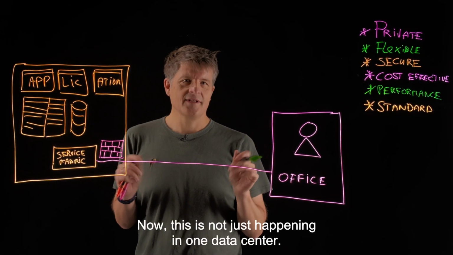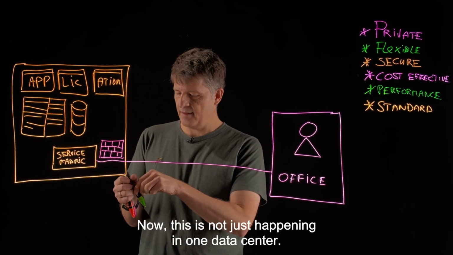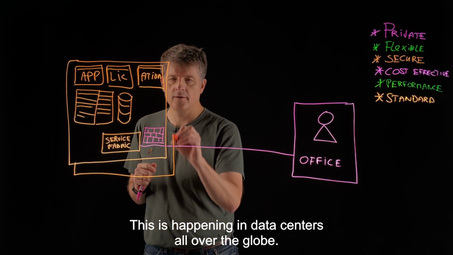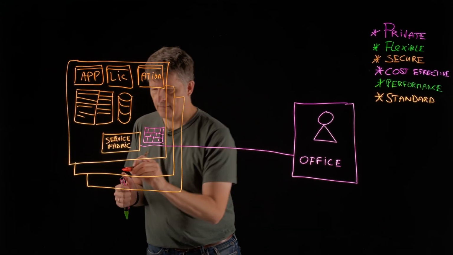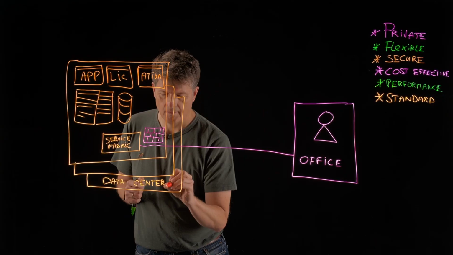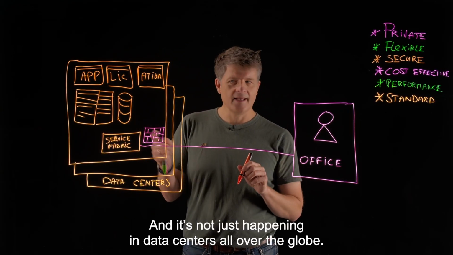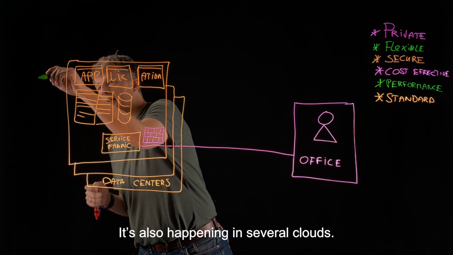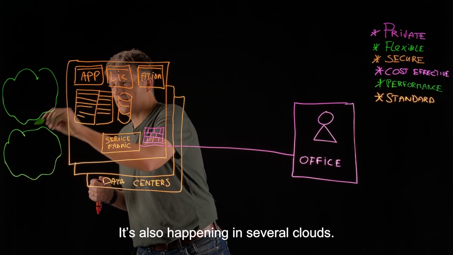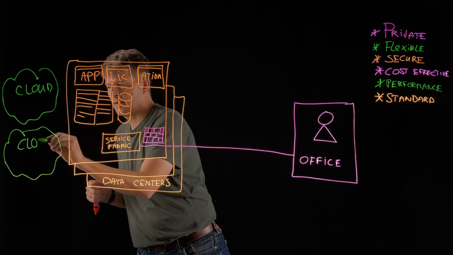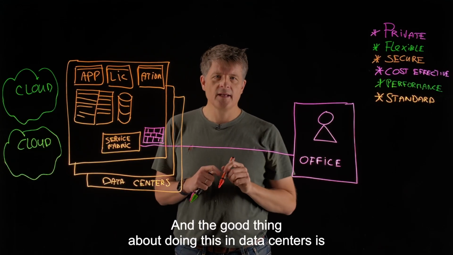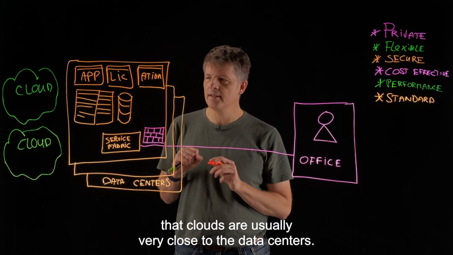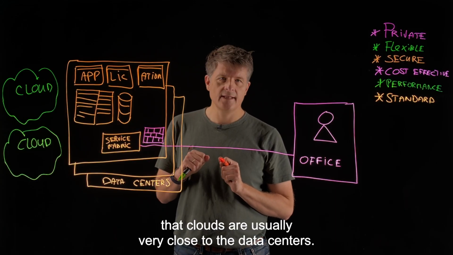Now, this is not just happening in one data center. This is happening in data centers all over the globe. And it's not just happening in data centers all over the globe. It's also happening in several clouds. And the good thing about doing this in data centers is that clouds are usually very close to the data centers.